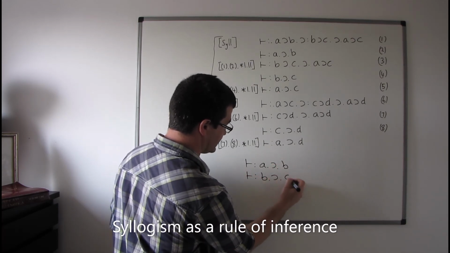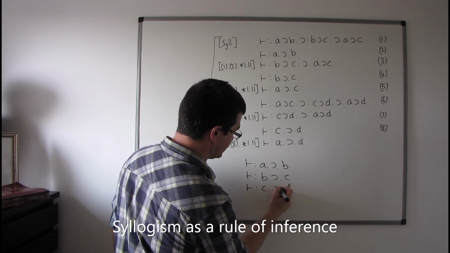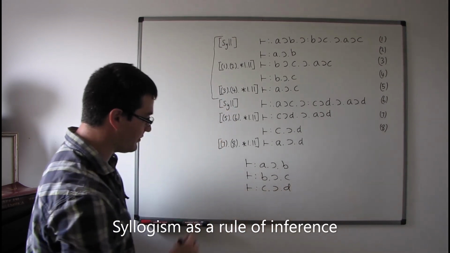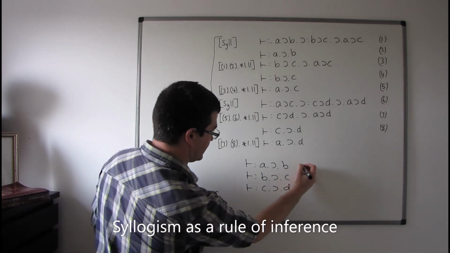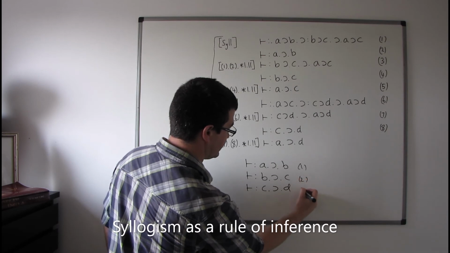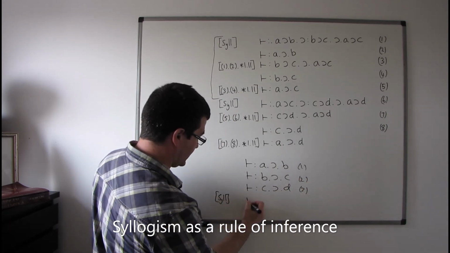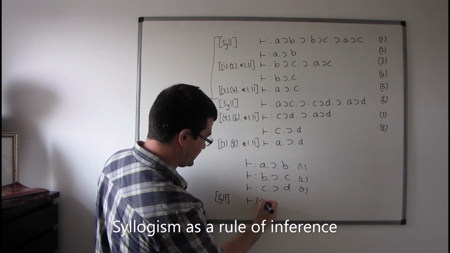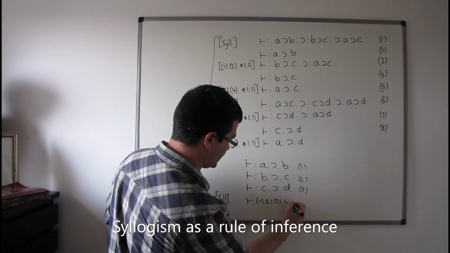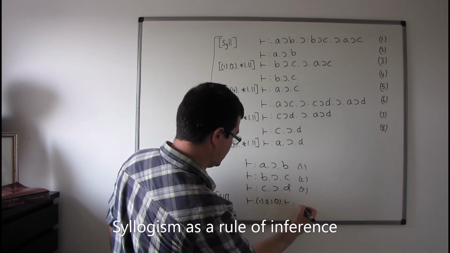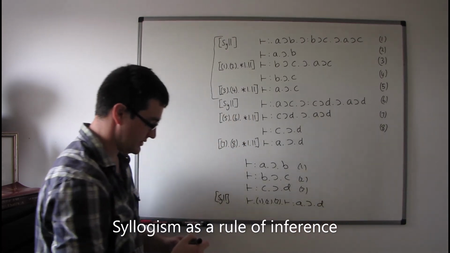B implies C and C implies D, and then from these we would conclude, so 1, 2, 3, we'd say syll 1, 2, 3, assertion, A implies D, for instance.